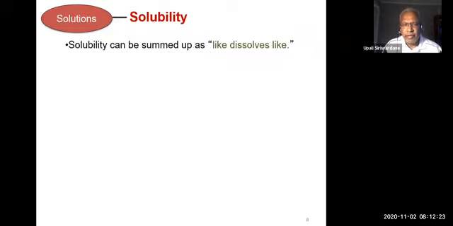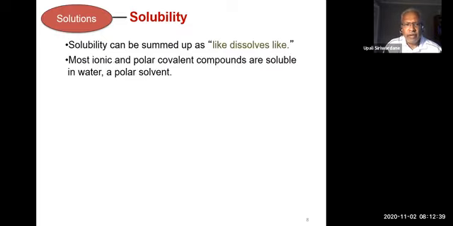Like dissolves like means compounds that have similar intermolecular forces dissolve in each other. Most ionic and polar compounds are soluble in water. So a solute that has polarity in the molecule, or ions, is dissolved in polar solvents.